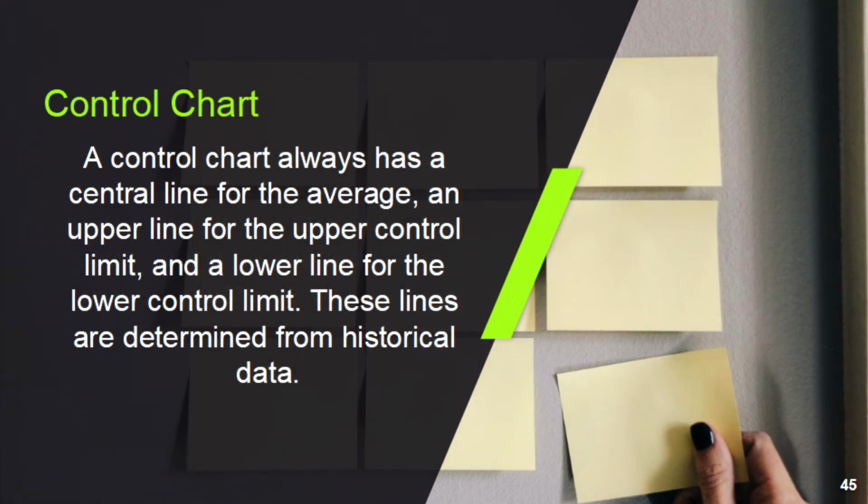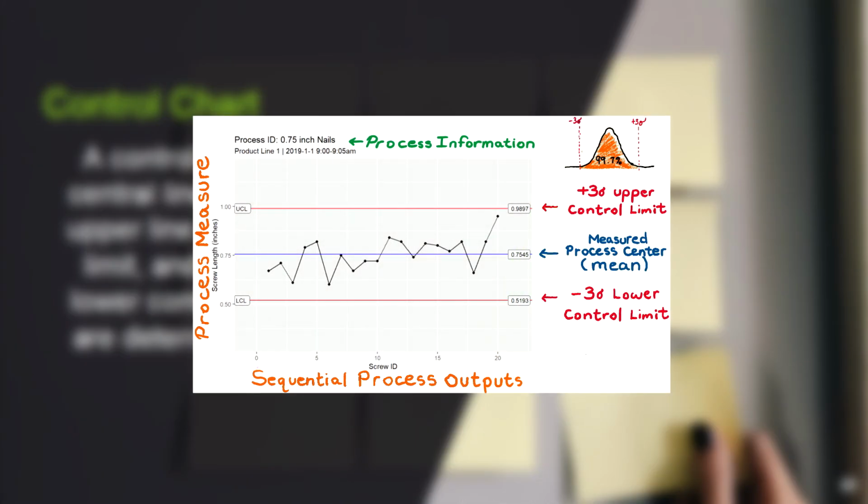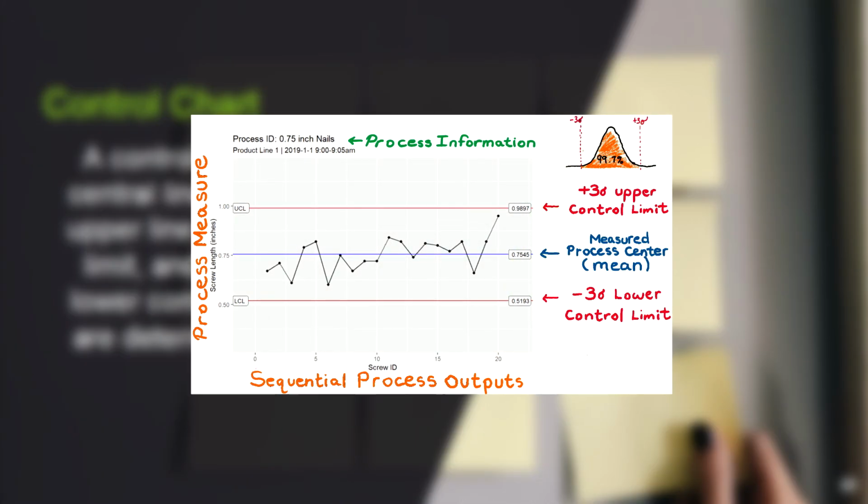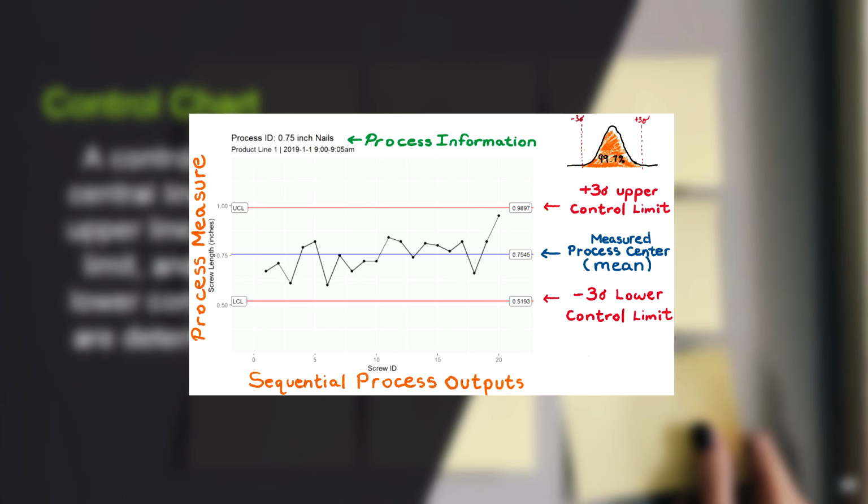In a control chart, there is always a central line for the average, and that represents the mean value for the in-control process. There are two other horizontal lines called the upper line for the upper control limit and the lower line for the lower control limit.